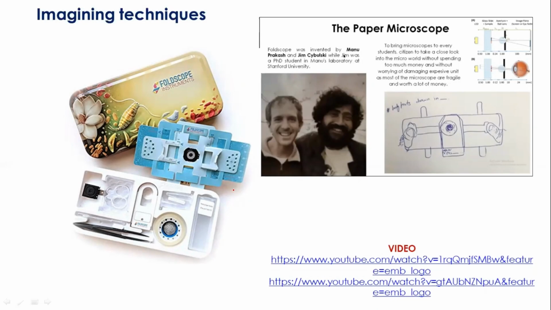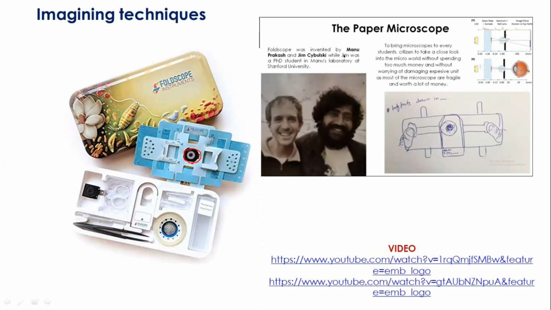In brief, it's a paper microscope, an origami microscope, developed by an Indian scientist, Manu Prakash, and his colleagues in his laboratory at Stanford University, where you can see that everything can be folded, and then you have pieces of lens as an eyepiece and as an objective, and it performs with exactly the same principle as any microscope works.